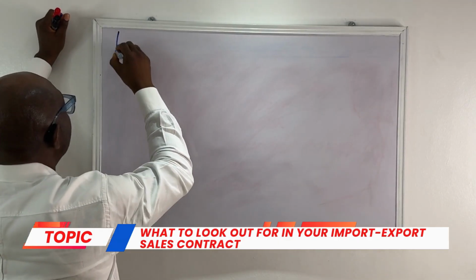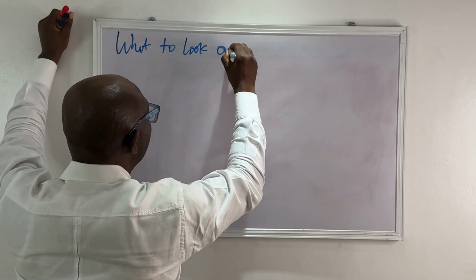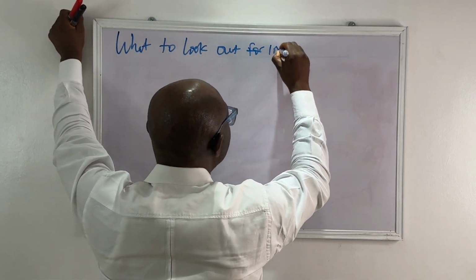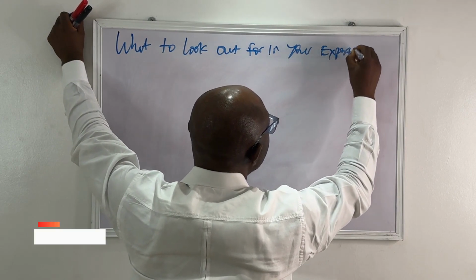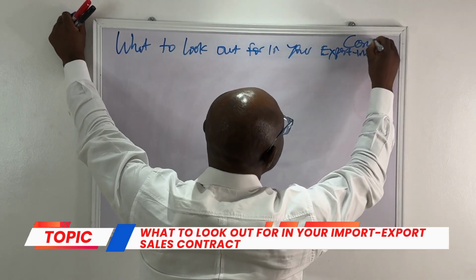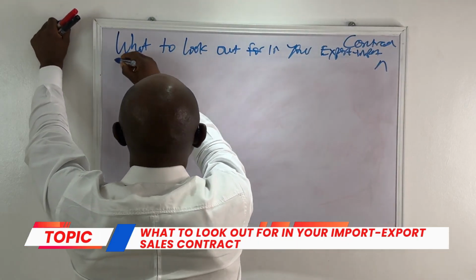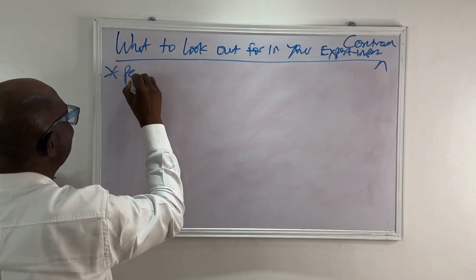So the topic is what to look out for in your export import contract. The first is the parties.